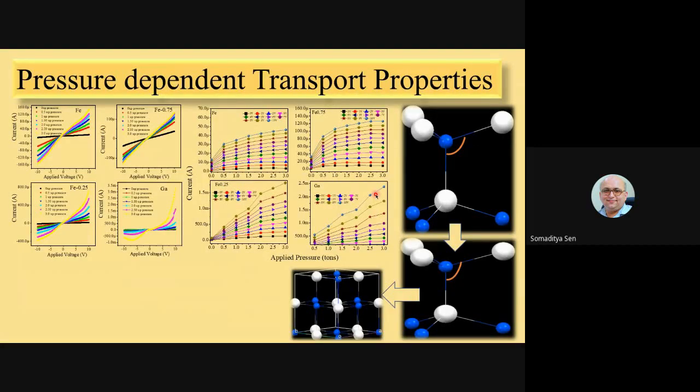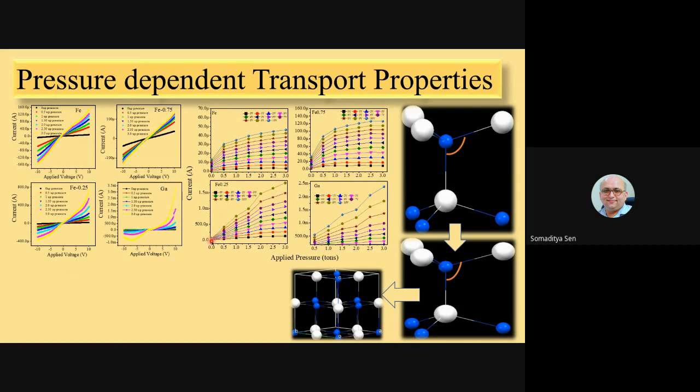But now what I want to tell you is, when I apply pressure on zinc oxide, interestingly the current increases. The current increases quite a lot actually, and the more you have gallium or something like iron, mostly gallium with a little bit of iron, you can still see a lot of change.